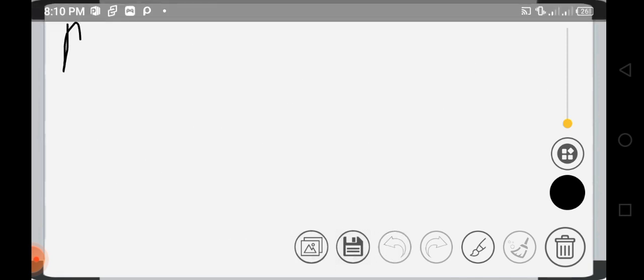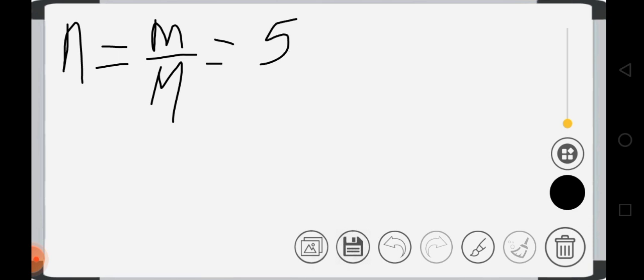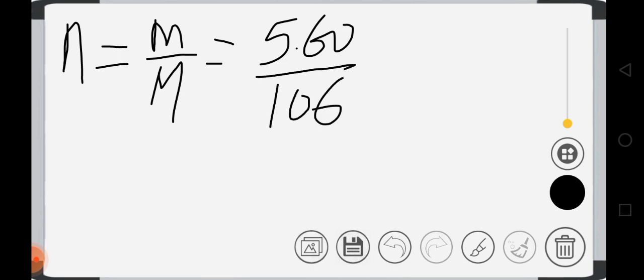We said the number of moles is equal to mass over molar mass. So what is the mass? The mass is 5.60. Divided by the molar mass we calculated, which was 106 for that particular compound. So the next thing now is to divide 5.60 by 106.